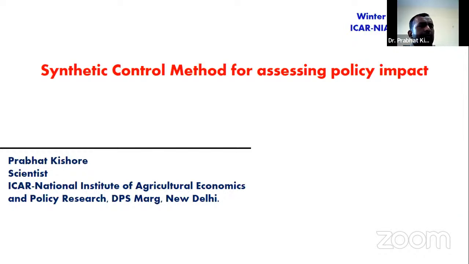Then in 2017 there was one paper, a working paper by IDR, but that is still a working paper. So this method is very rarely used in the Indian context.